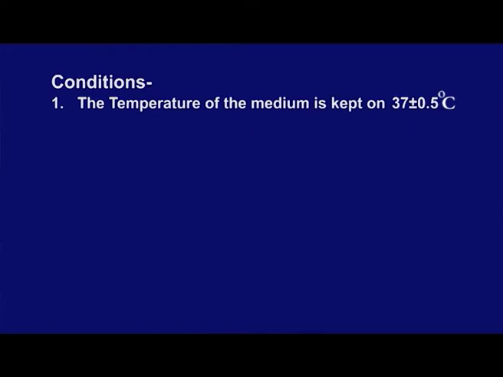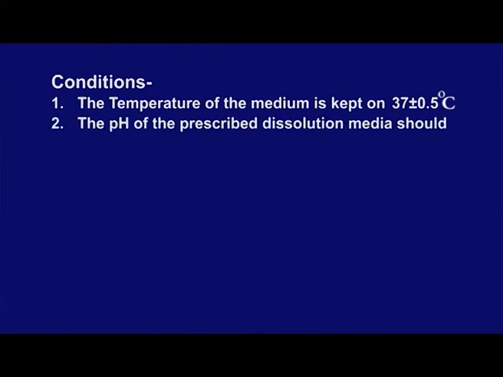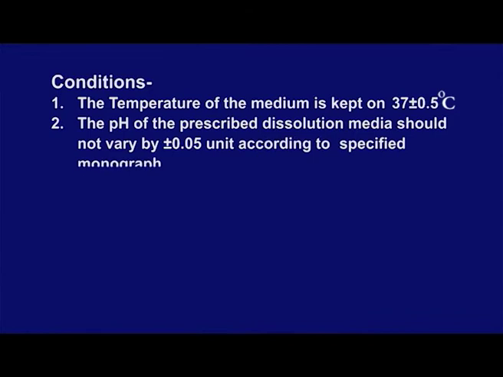There are certain conditions which apply to both methods, mentioned below. First, the temperature of the medium is maintained at 37 plus minus 0.5 degree centigrade. Second, the pH of the prescribed dissolution media should not vary by plus minus 0.05 unit according to the specific monograph.